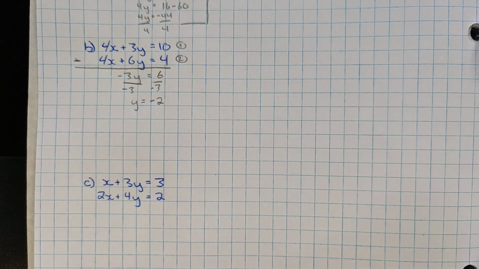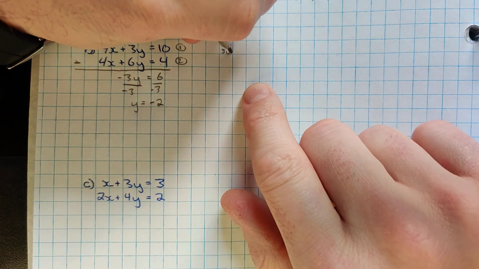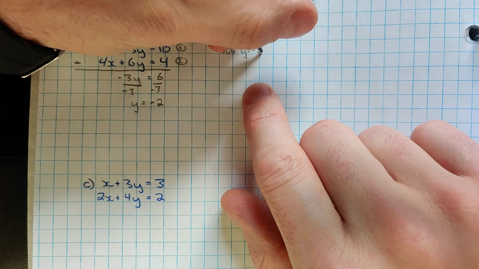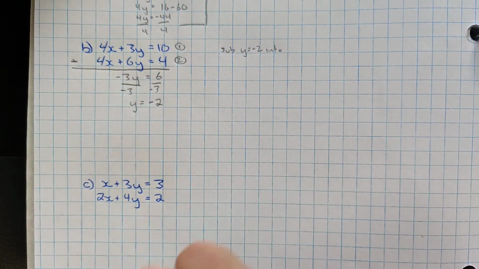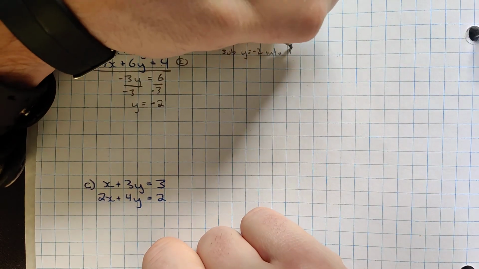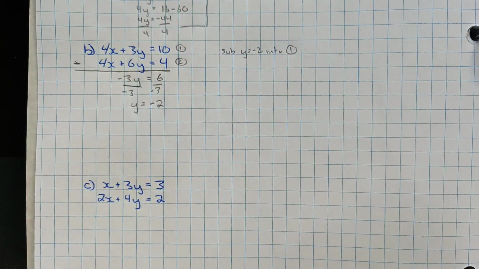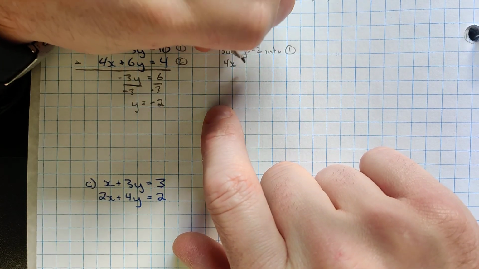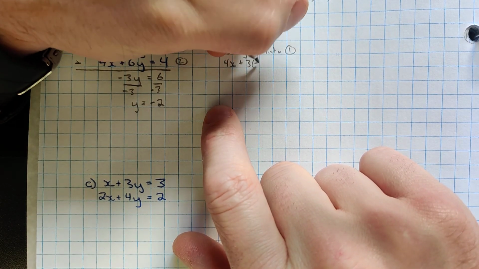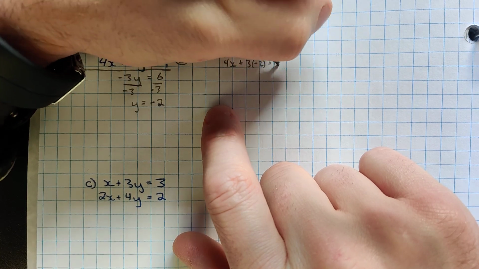I've found my y value. I will now sub y equals negative 2 into equation number 1. Doesn't matter which equation you pick, both of them will give you the same result. So I got 4x plus 3 times negative 2 equals 10.